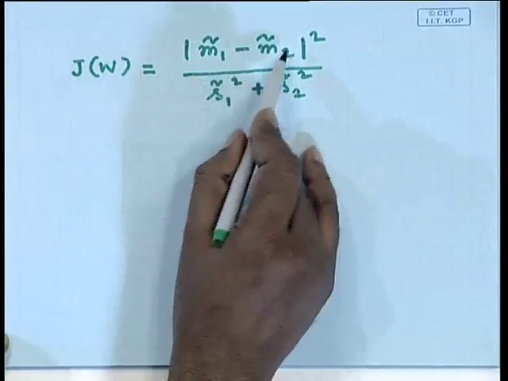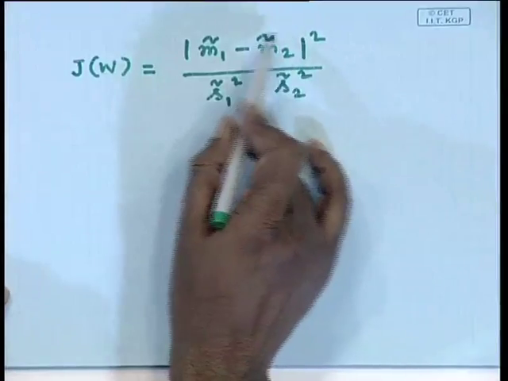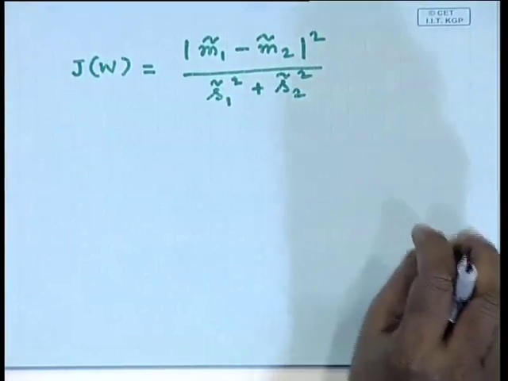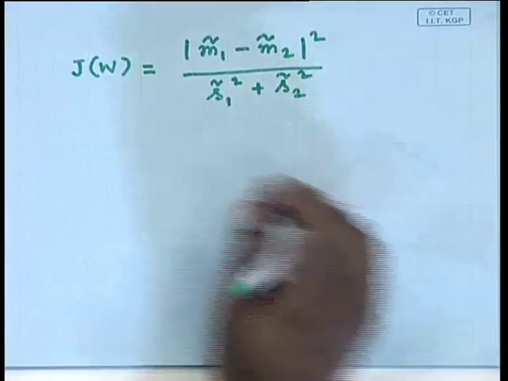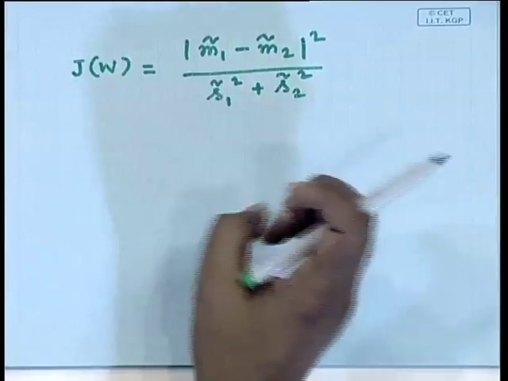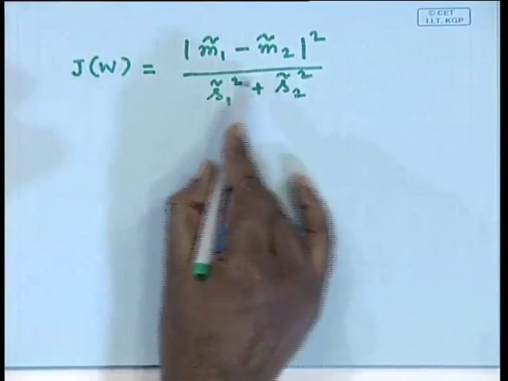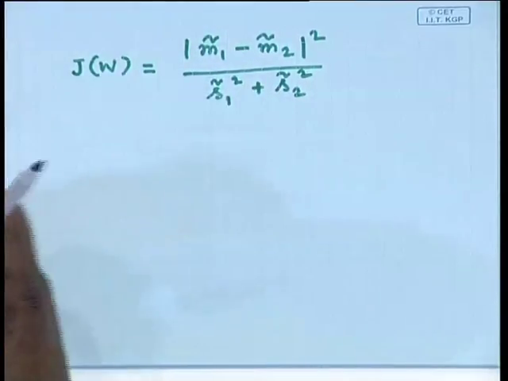So, I can say effectively that this being the difference between two classes or two means, I can say equivalently that this is something similar to inter class scatter, okay, and this is something similar to intra class scatter. So, if intra class scatter is less, that indicates that your data distribution is very compact.